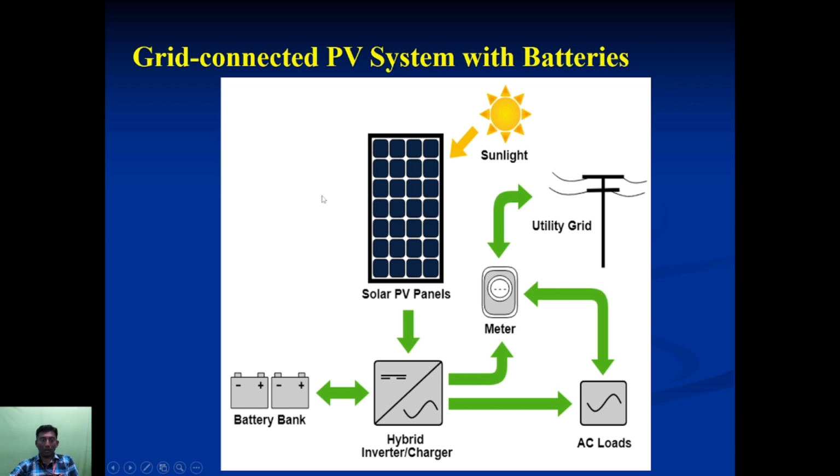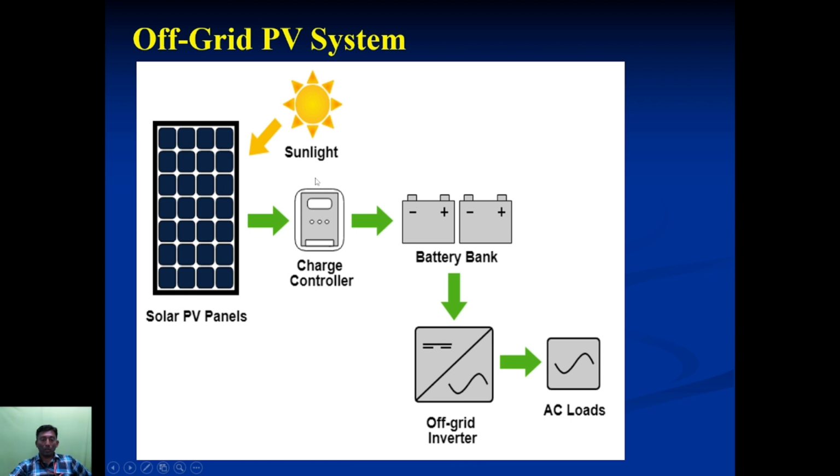The next thing is the off-grid solar PV system. There is no grid. You can generate electricity and use it. If you don't have electricity, these AC loads will not be satisfied.